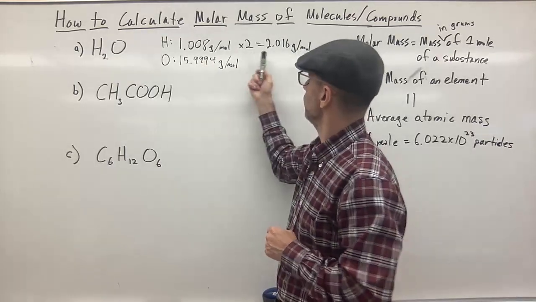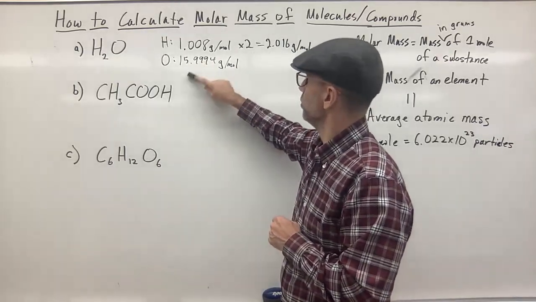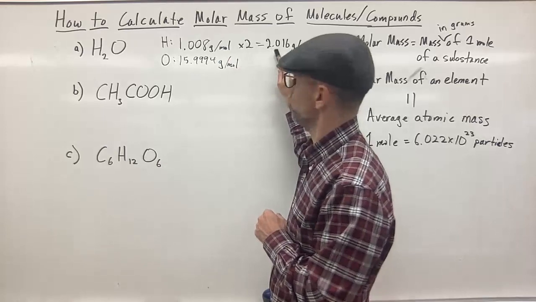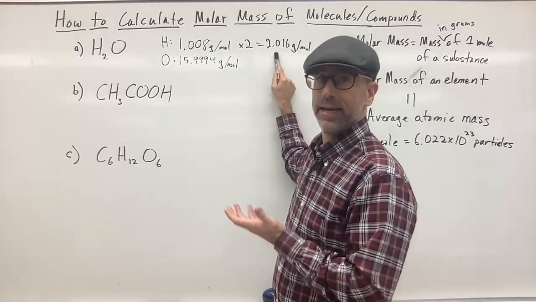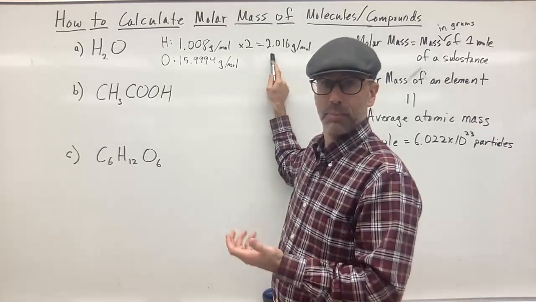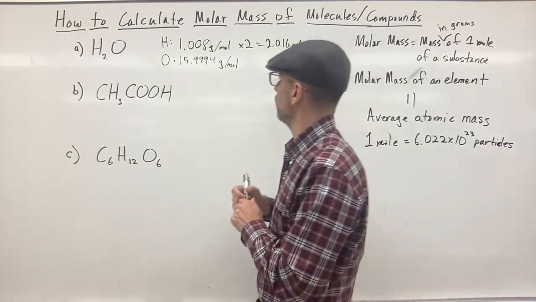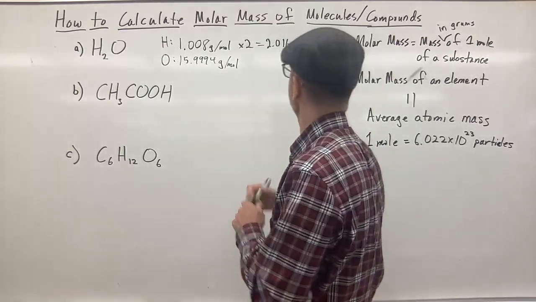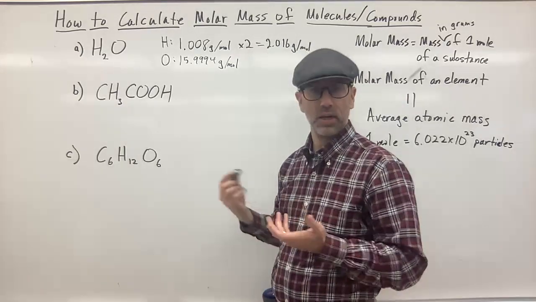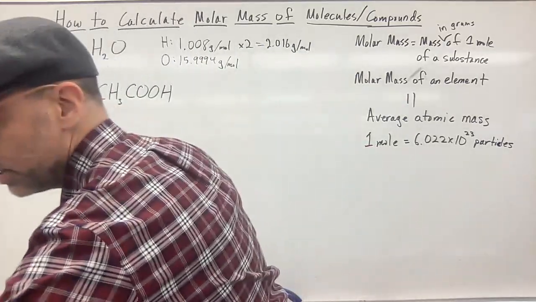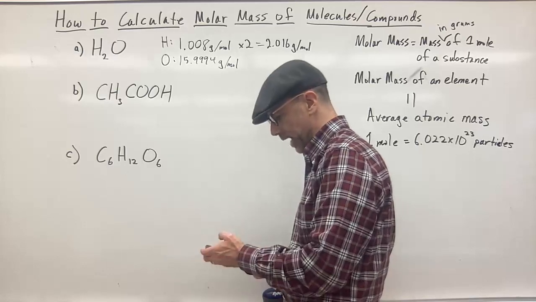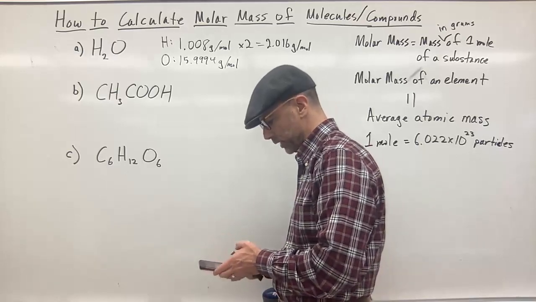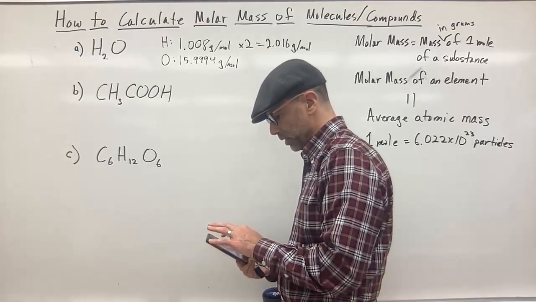Now all I need to do is add the oxygen to the 2 hydrogens, and I've got my molar mass of water. If I add these 2 together, I get something like, a little bit more than 18. But let's go ahead and calculate this out just so that we are complete and accurate.